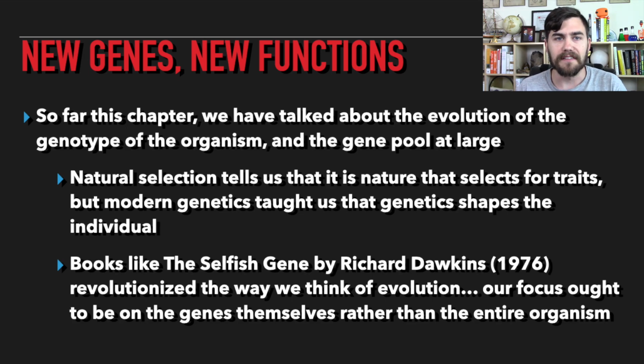So our focus really should be on the genes themselves rather than the entire organism, because the genes are what shape the organism. And as we see species evolve or subspecies evolve, the changes are extremely incremental. They're small changes from generation to generation.